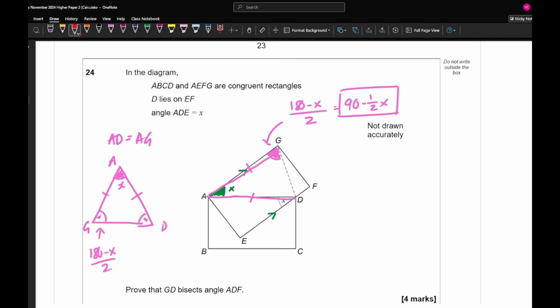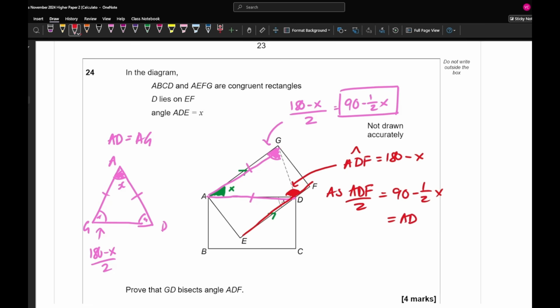And then what I can do is work out what angle this is. Because A to F is a straight line, then this angle here of ADF is going to be 180 minus X. Now if I divide that by 2, so ADF divided by 2 equals 90 minus a half X, which also equals the angle of ADG, then GD bisects the angle ADF.